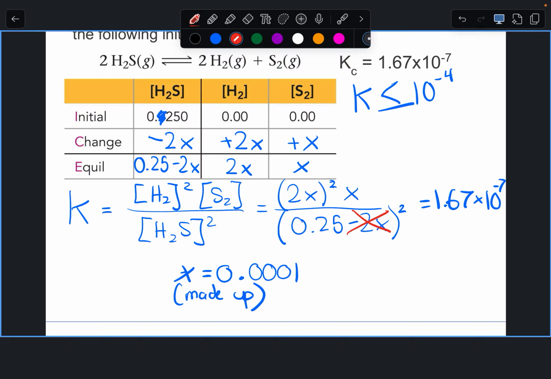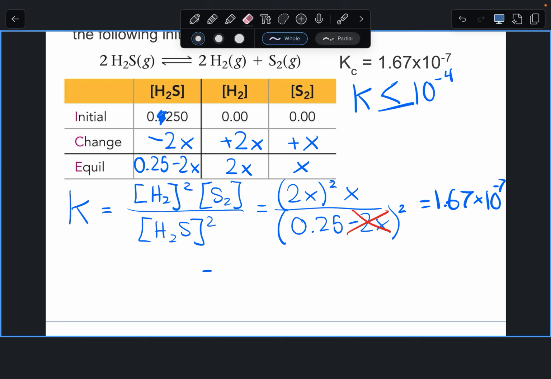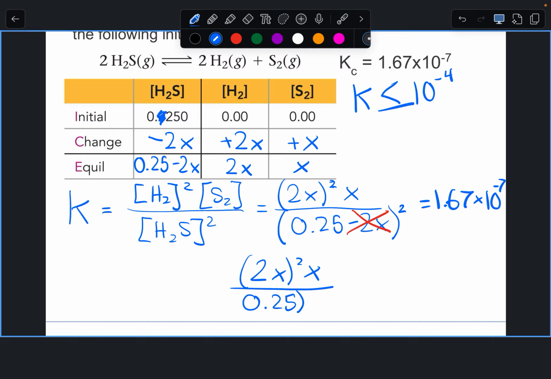So I'm going to cross that out. And I'm going to rewrite this now as 2x squared times x over 0.25 squared equals 1.67 times 10 to the negative 7th. And that makes it so much easier.